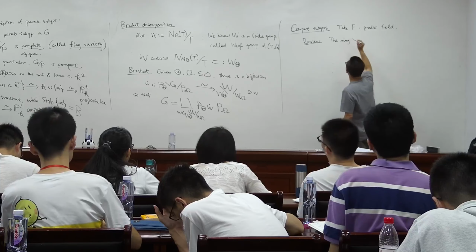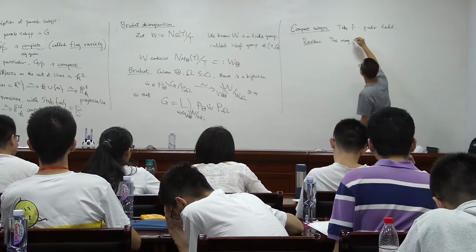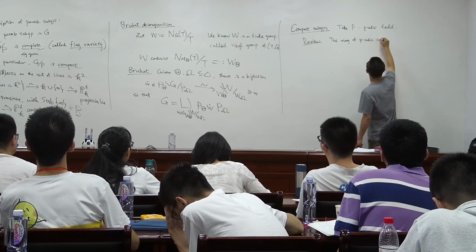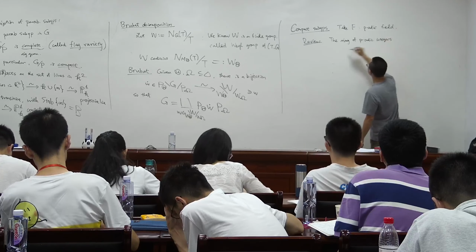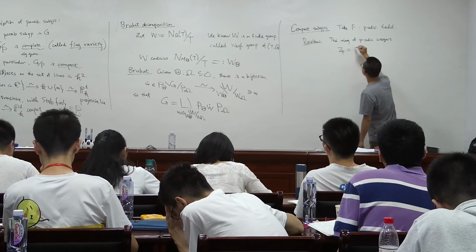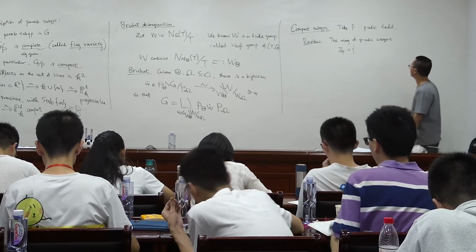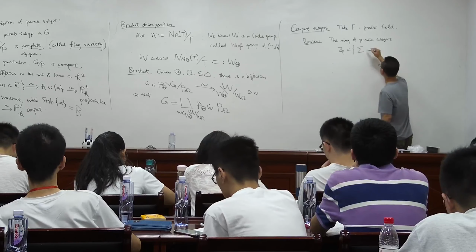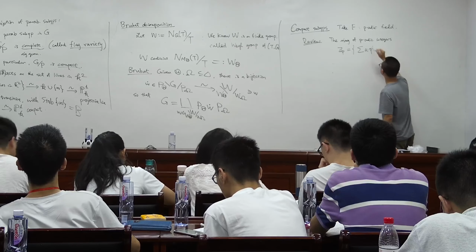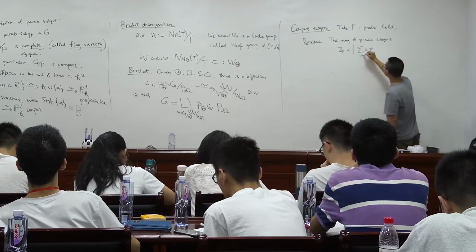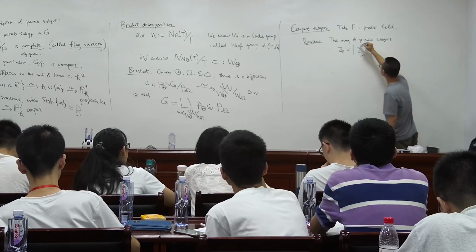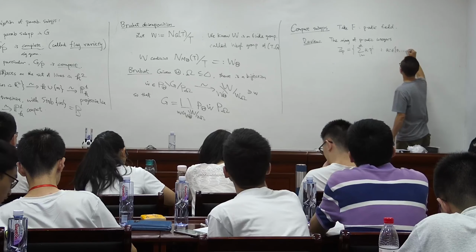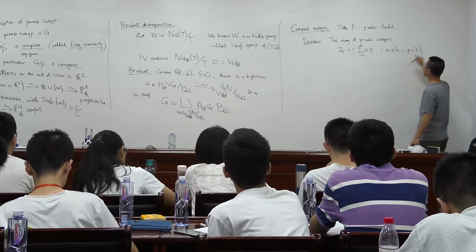I'll define the ring of p-adic integers, this set Z_p. Wu Chenyan mentioned this before, so I'll just go through it quickly. This is just the set of formal power series in p with a_i in 0 to p minus 1. Okay, the coefficients a_i.